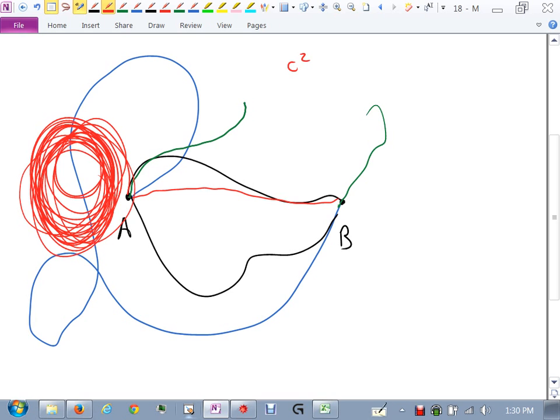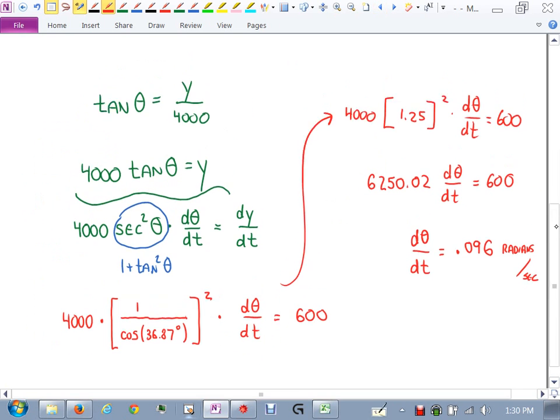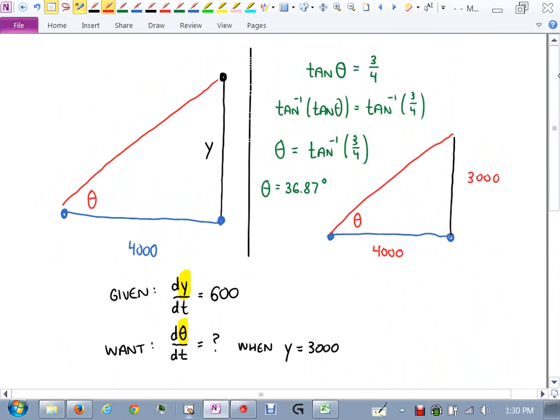So another way that you could have done this: you went and used the identity secant squared is one plus tan squared. I could have just found out what secant was off this thing anyway. We knew that this side was 5, didn't we? Secant theta is the reciprocal of cosine.